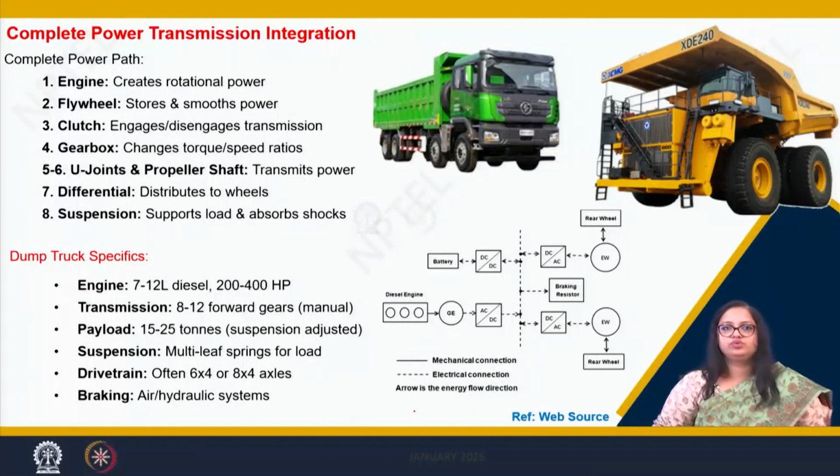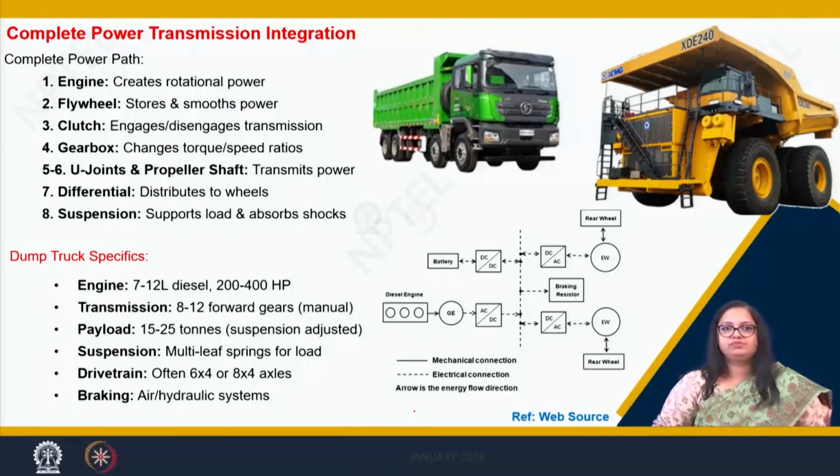There is a clutch which engages and disengages the transmission. There is a gearbox which changes the torque and speed ratios. There are U joints, that is universal joints, and propeller shafts which transmit power. There is a differential which distributes the power to the wheels at 90 degrees, and then there are suspension systems which support load and absorb shock.